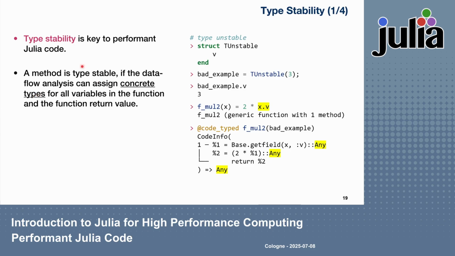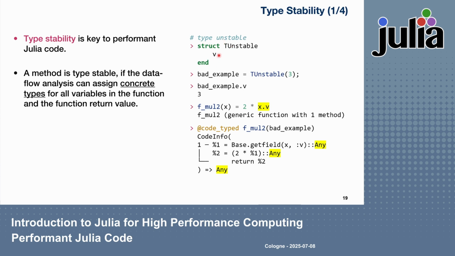And then by taking advantage of these concrete types, you will have performant Julia code. To show you a counter example, here I have a type unstable structure. Maybe this morning you had this question, and Alex also referred to my session this afternoon. So this will be type unstable, but let's assume we have no knowledge about it.